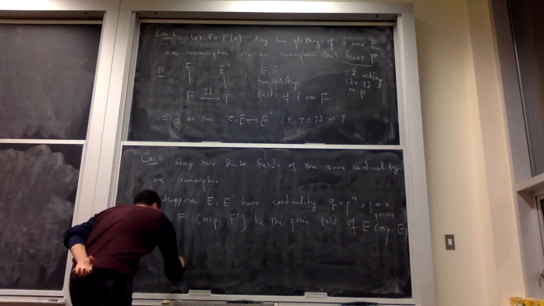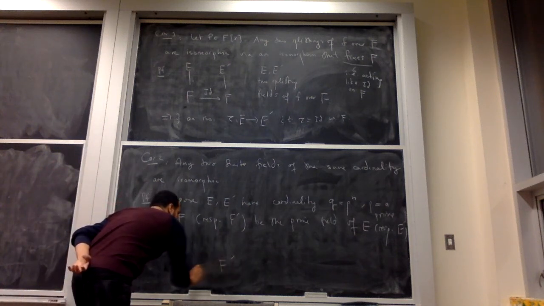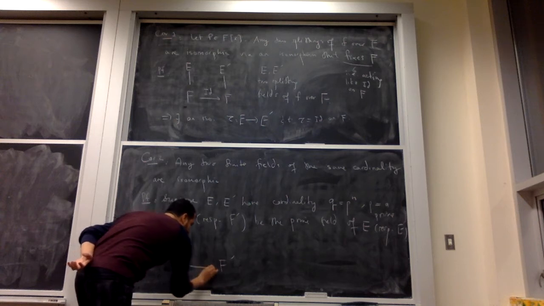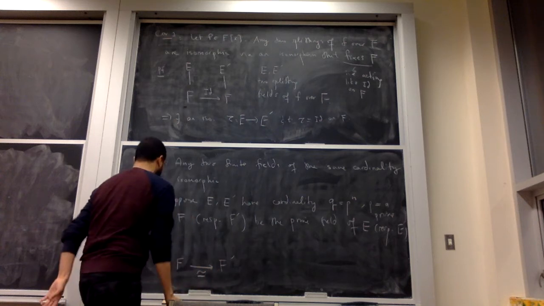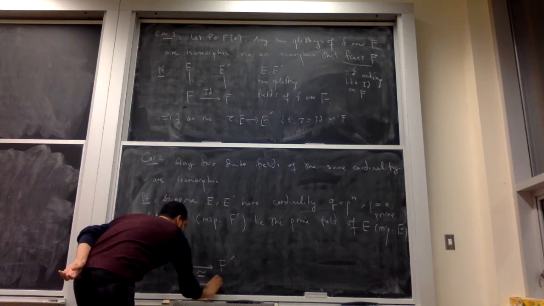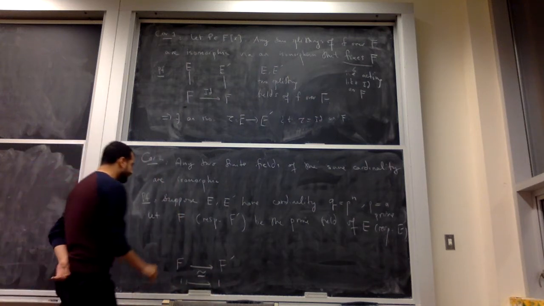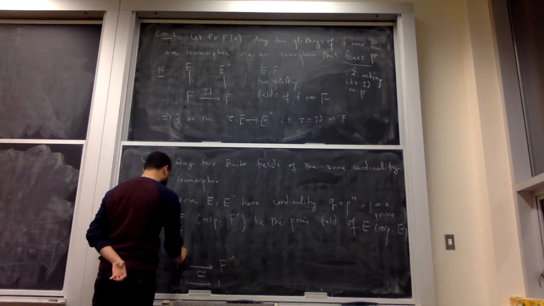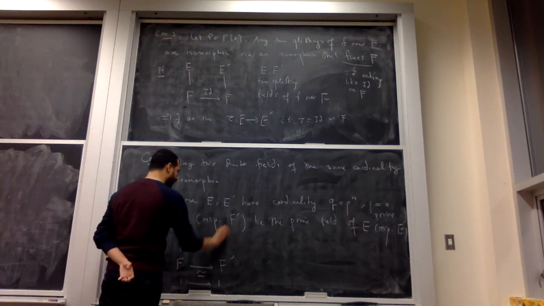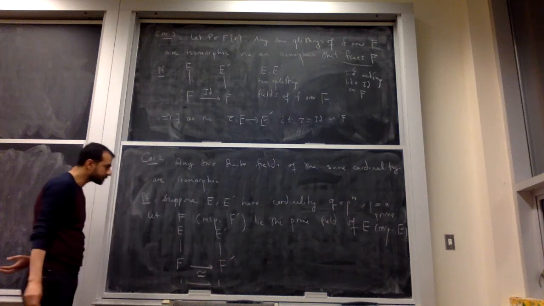So F and F prime, well, there's a unique isomorphism between them. Right? Just send 1 to 1. And then E contains F, E prime contains F prime.